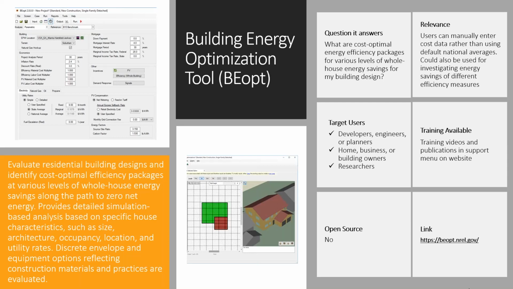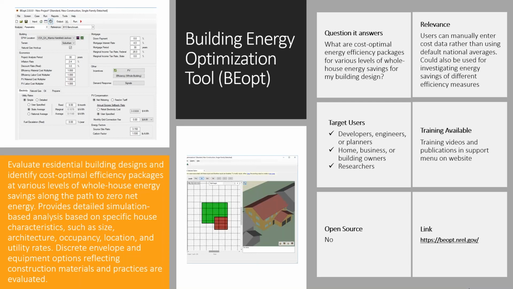We've used it for modeling both a low-cost scenario, lowest cost with highest energy savings, as well as a zero net energy scenario. BEopt provides detailed simulation-based analysis based on specific house characteristics. If it's an existing house, you can enter things like the size, orientation, architecture, occupancy, vintage, location, and utility rates.